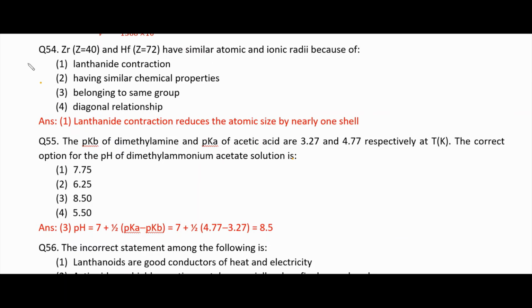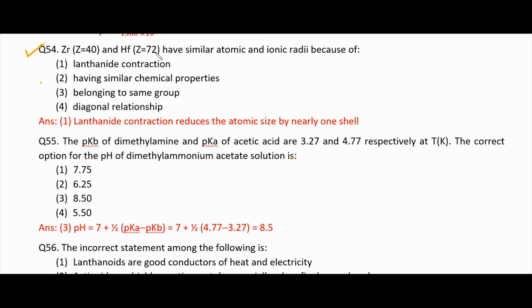Next question, question 54. Zirconium with atomic number 40 and hafnium with atomic number 72 have similar atomic and ionic radii because of. We know that zirconium belongs to the second transition series, hafnium belongs to the third transition series.